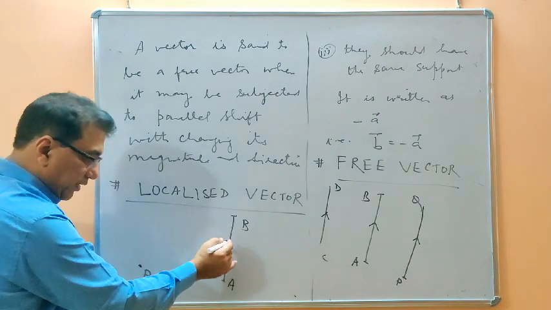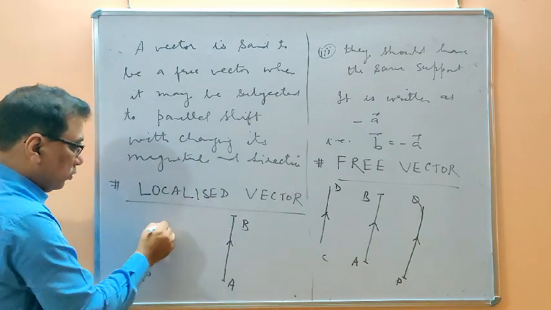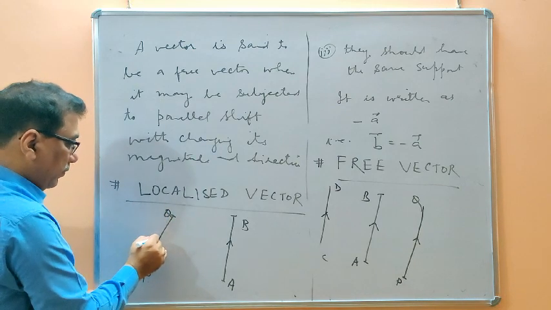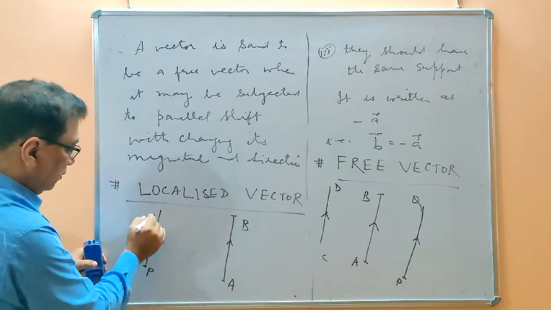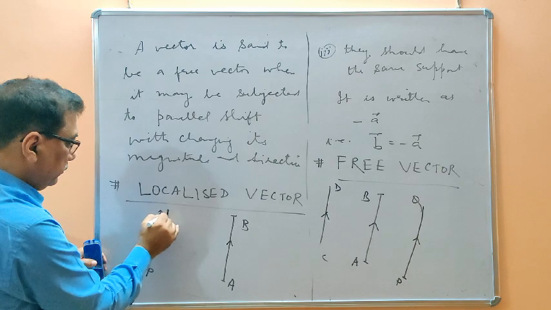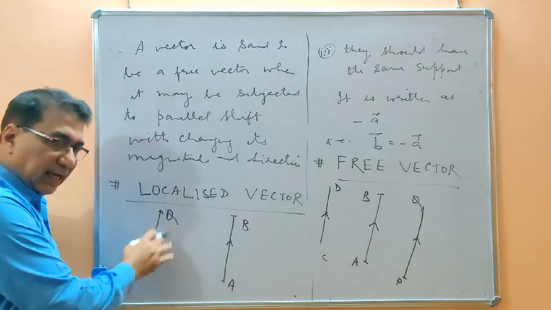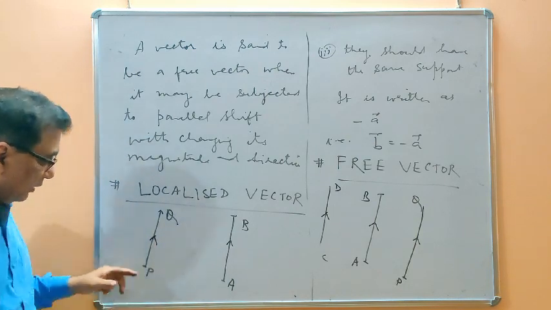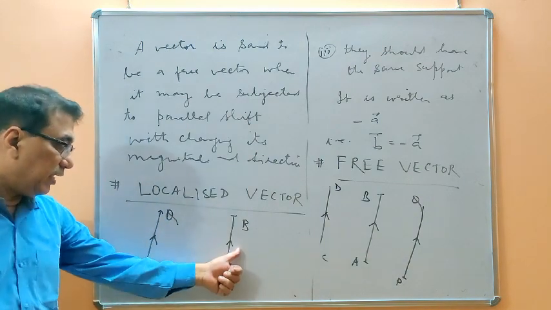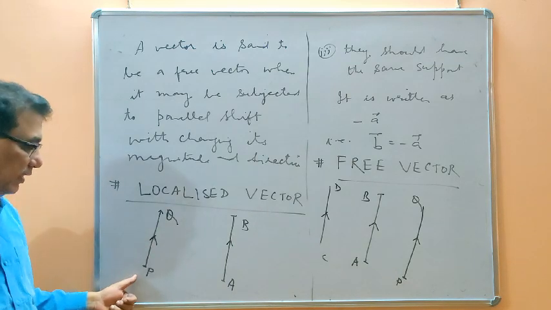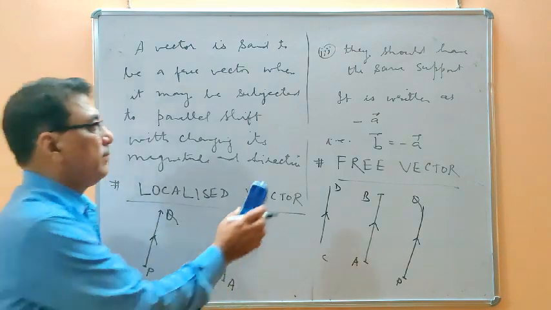Now if we shift this vector parallelly and equal in magnitude, suppose we shift AB parallelly in the direction of PQ such that P is a fixed point and the magnitude of PQ is same as AB. So we call AB as localized vector because it has been shifted parallelly through a given fixed point P. Okay.